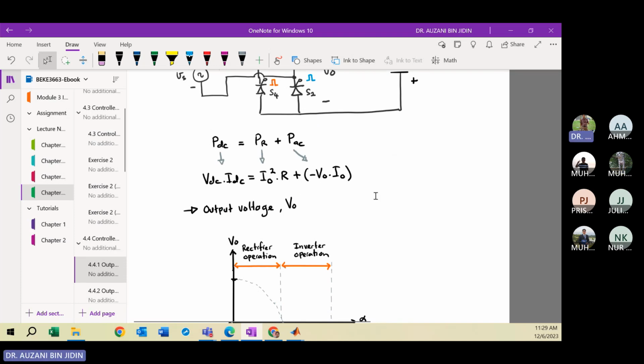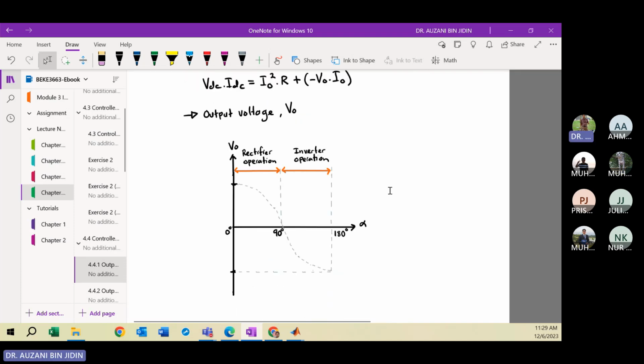Now, this is the profile of the output voltage, the output voltage versus the firing angle, alpha. Maybe I write in a different color.